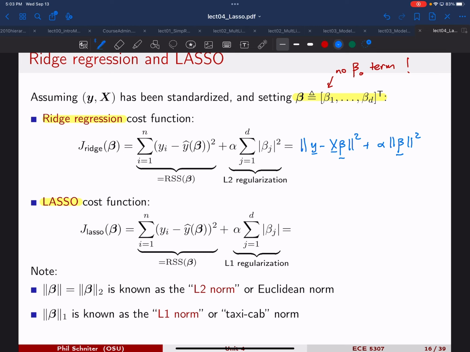Okay, so for the lasso, we have the same RSS term. The second term, we're going to use a notation where we put a 1 subscript here. So this tells us we're using what's called the L1 norm, which, as you can see, is just going to be the sum of the absolute value of the coefficients.